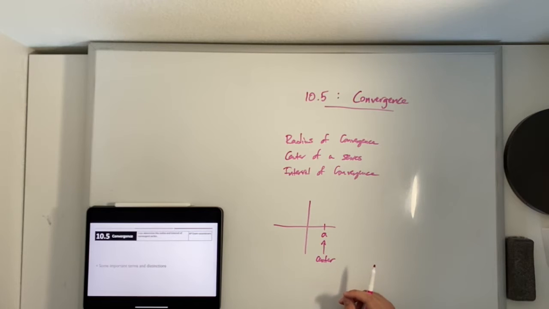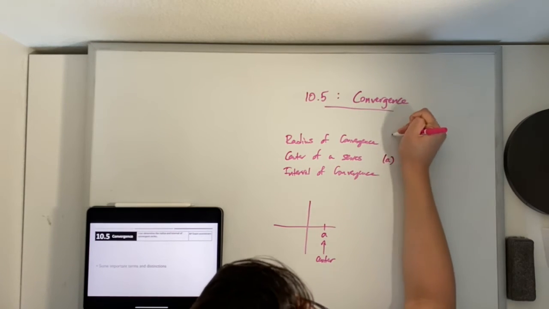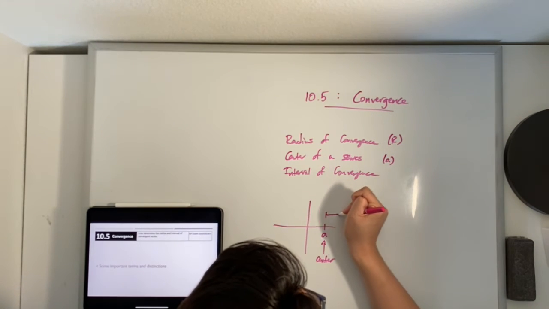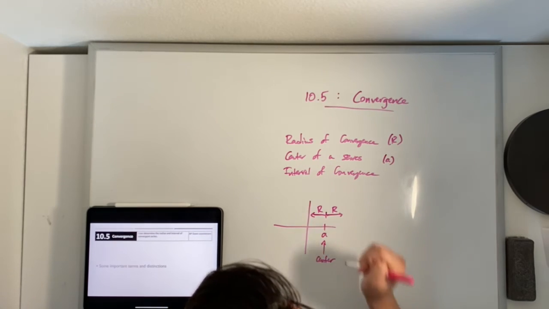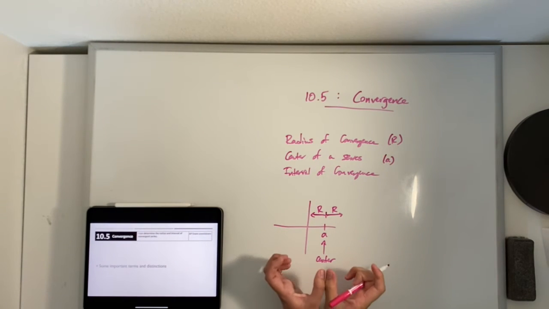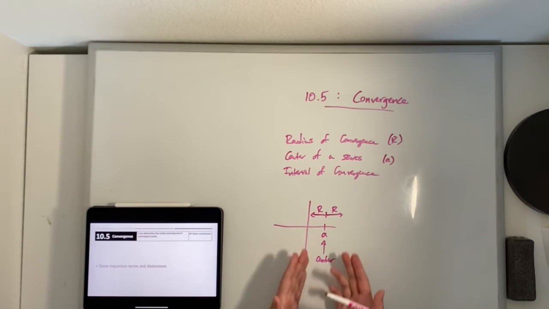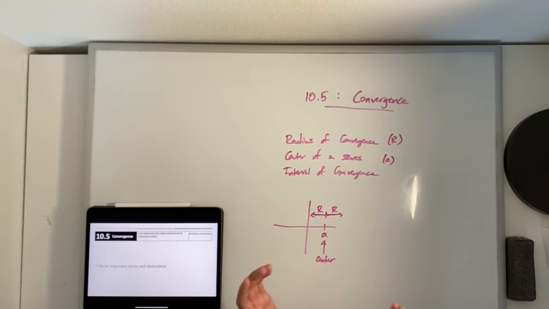The radius of convergence, R, is literally the distance around A for which the series will converge. Okay, so of course it should converge at its center, and then how far away from the center does the series actually converge?